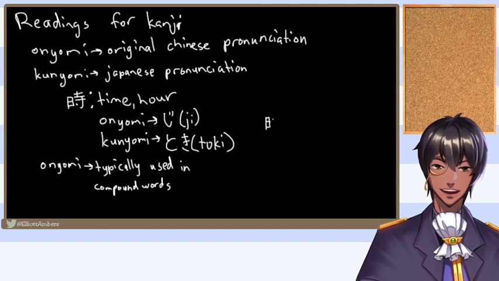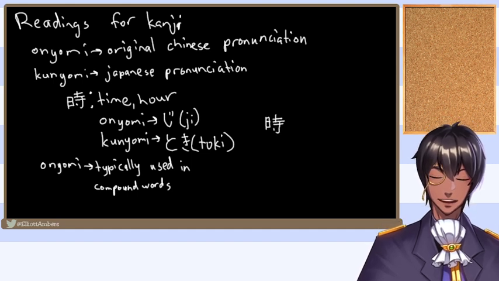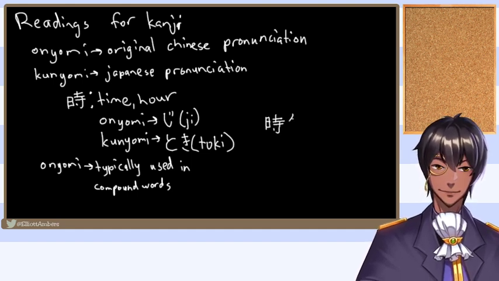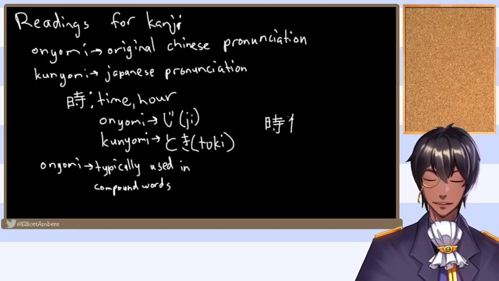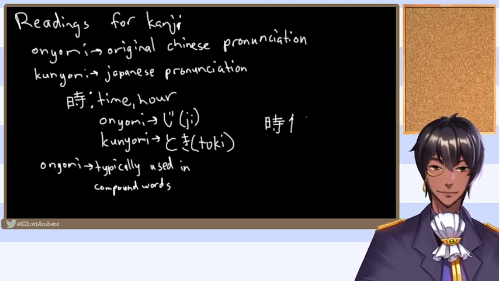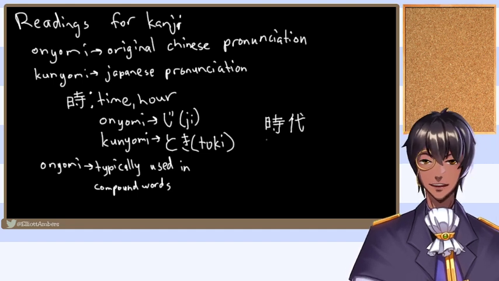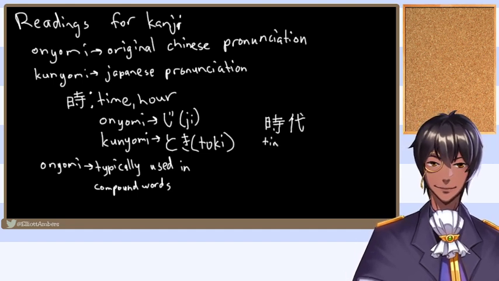So this is ji. This is time. And then this is the kanji for period. So this is time, period.